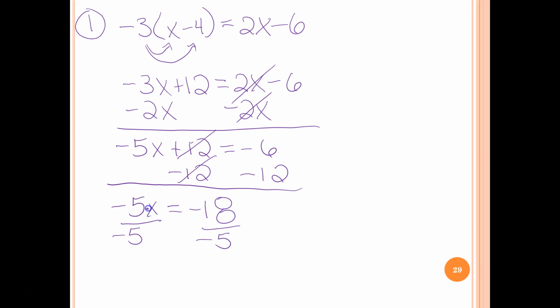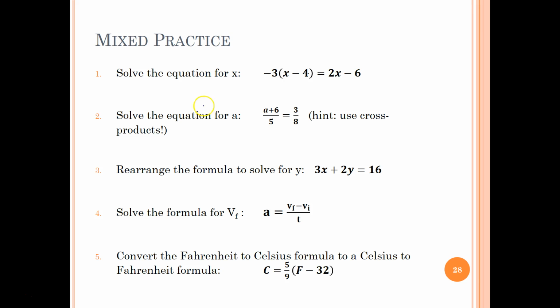Make sure you take that sign because it's the -5 that's being multiplied to the x. Don't accidentally add 5 to both sides. So when we work through this, what we see that we get here is 18 over 5, which can be represented as 3.6. So going back here, our first answer, x equals 3.6.